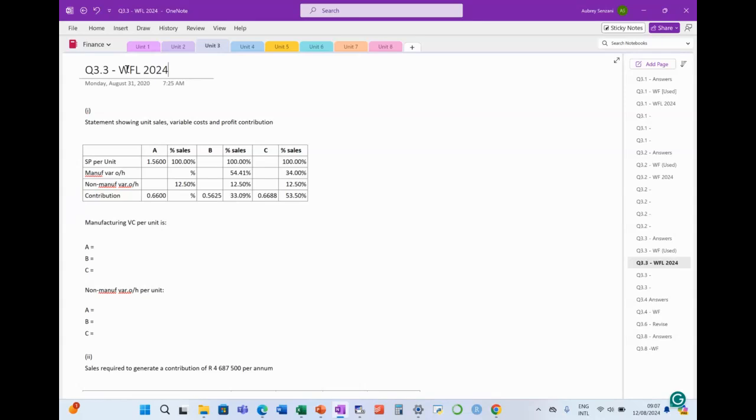The first thing that they asked us for under required is to prepare a statement that shows the selling price per unit. Okay. And then obviously your variable costs, and then obviously your profit contribution as well. Okay. So we quickly look and see, okay, what are the inputs that they've given us?